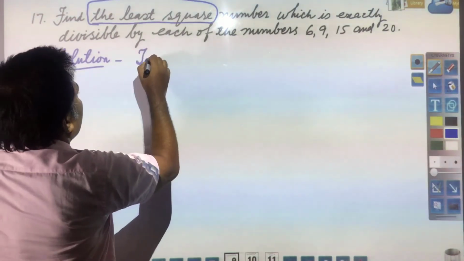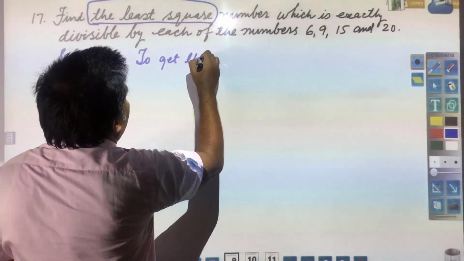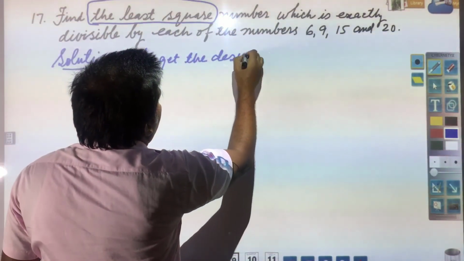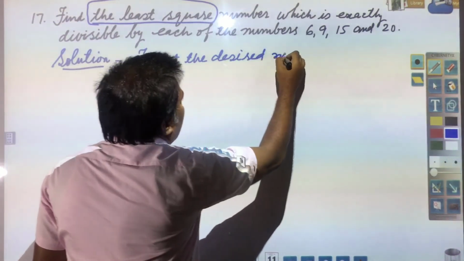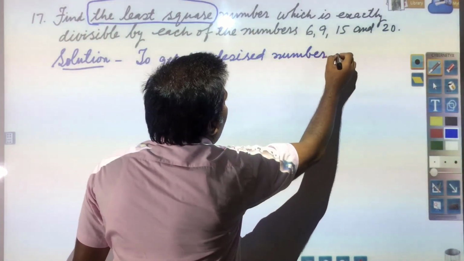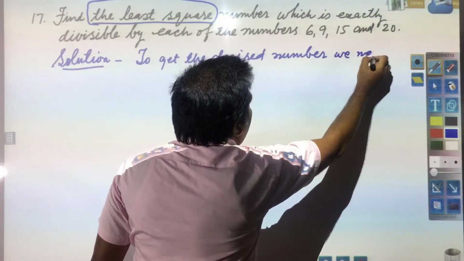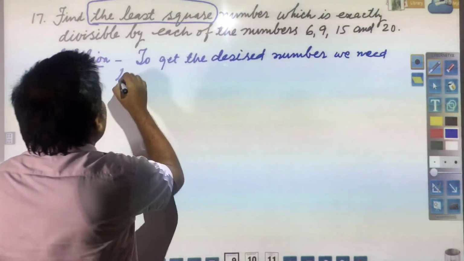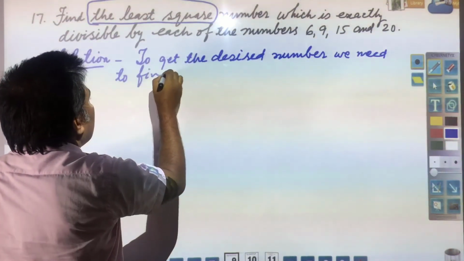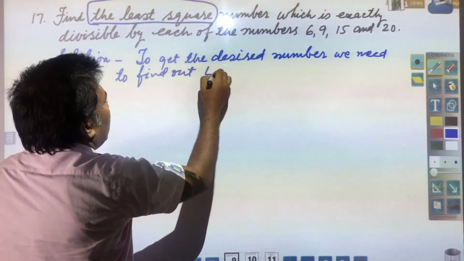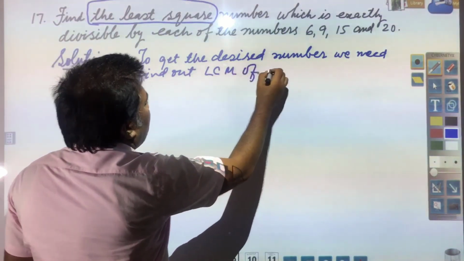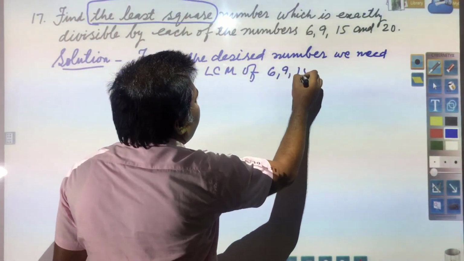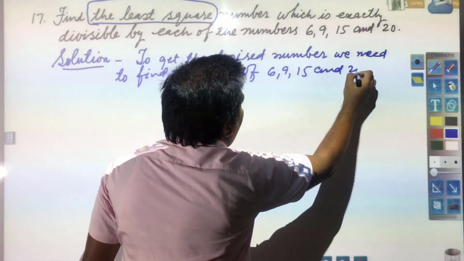To get the desired number, we need to find out the LCM of 6, 9, 15 and 20.